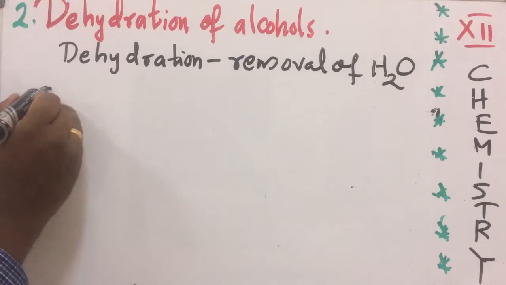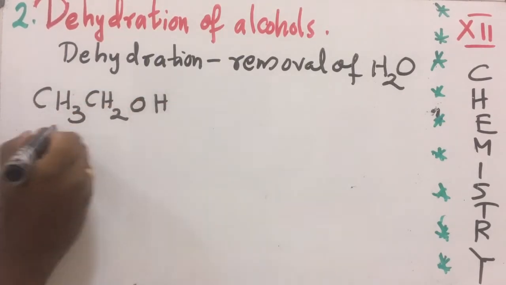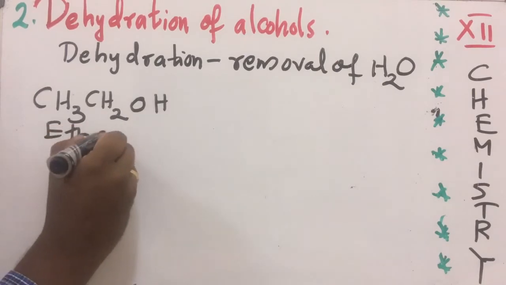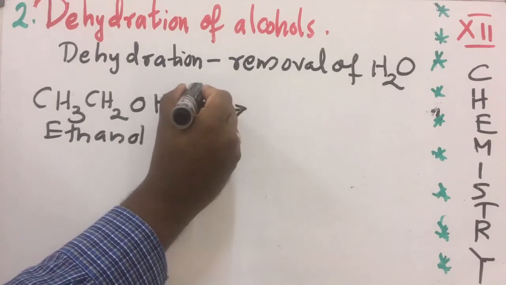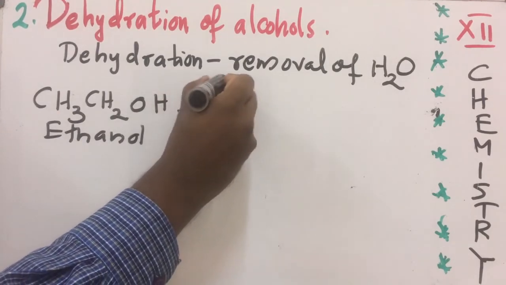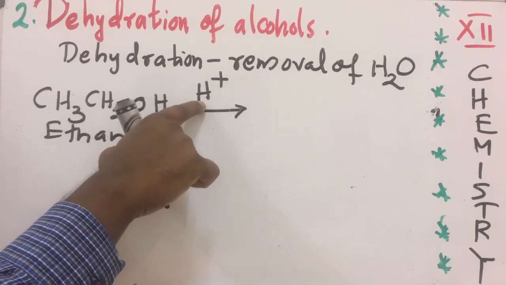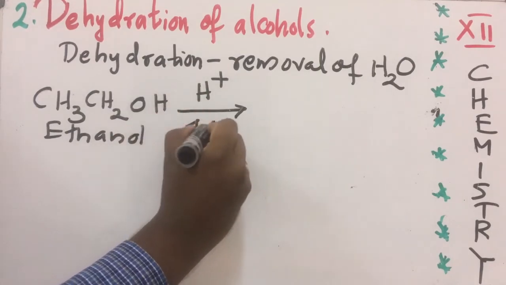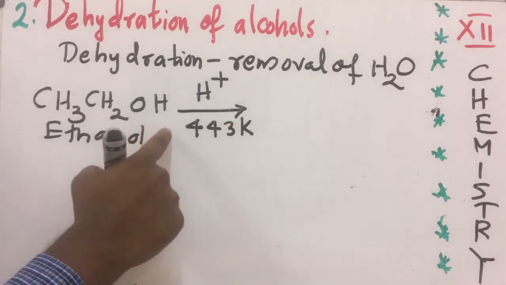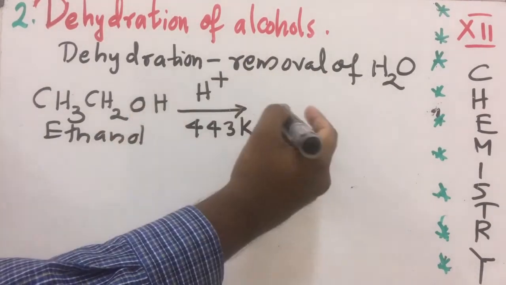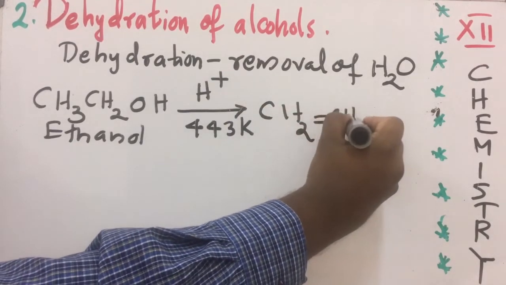For example, CH3CH2OH, ethanol. Ethanol in the presence of acid, sulfuric acid, which we can represent by H plus, at 443 Kelvin undergoes dehydration and forms an alkene, CH2=CH2.